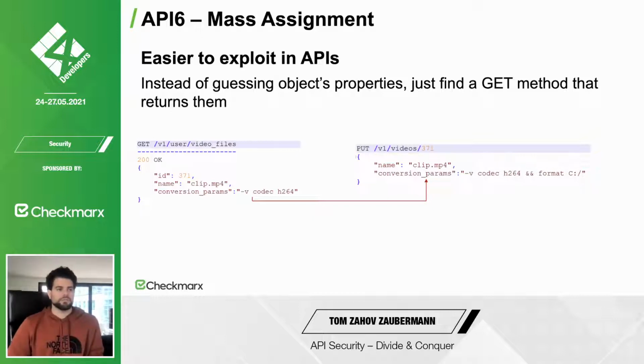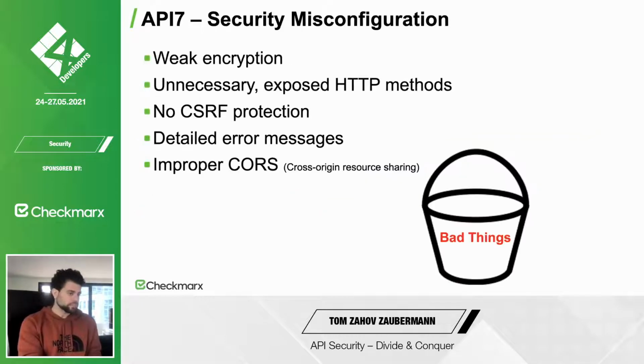I can do -v, right? It's something that is going to be executed. -v is some kind of execution, right? You can see it's -v codec H.264 and format C. What happened here? Not pleasant at the end, on the background. It wouldn't be pleasant to the guys who wrote this API. So you got the idea.